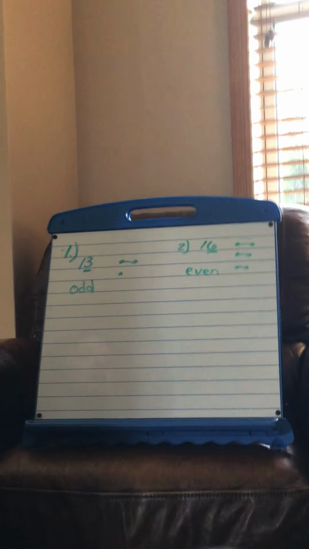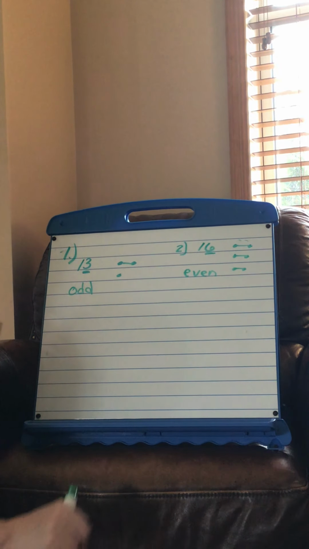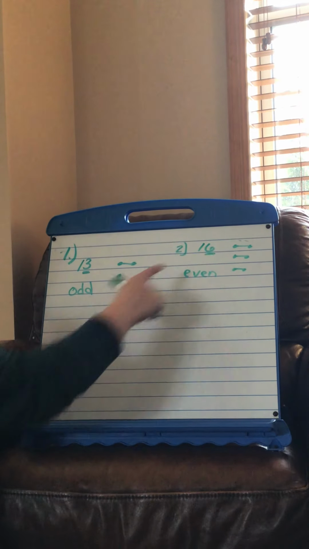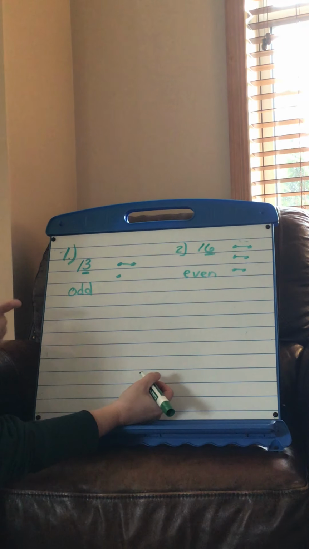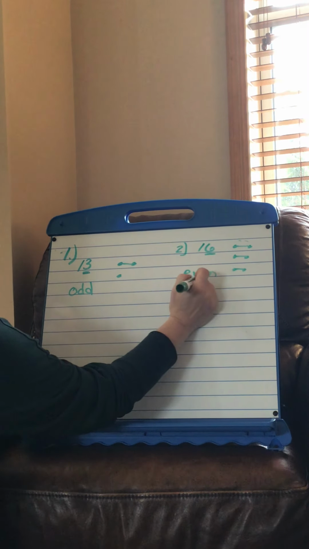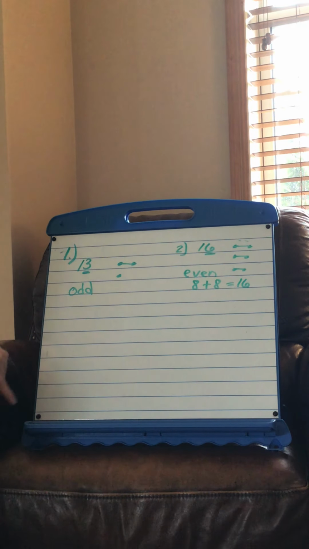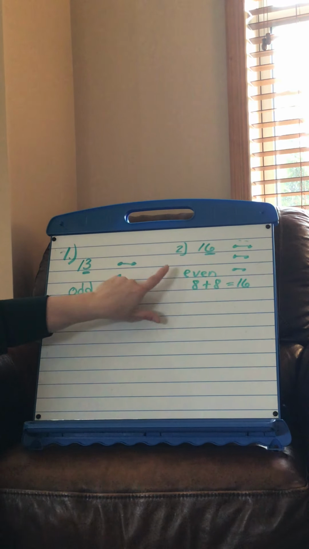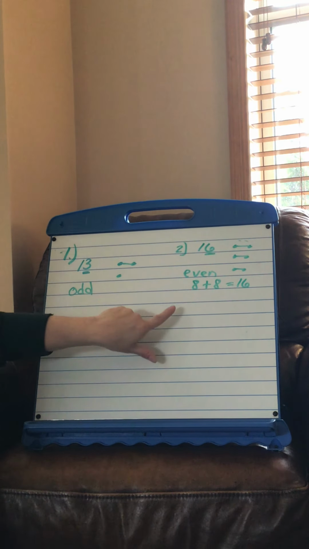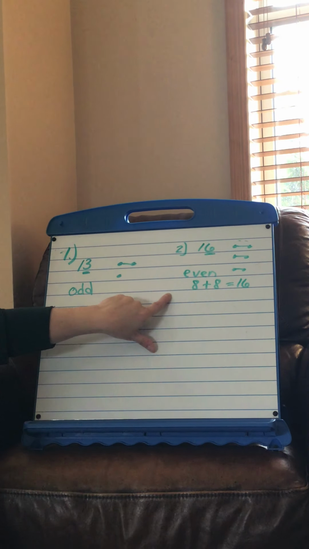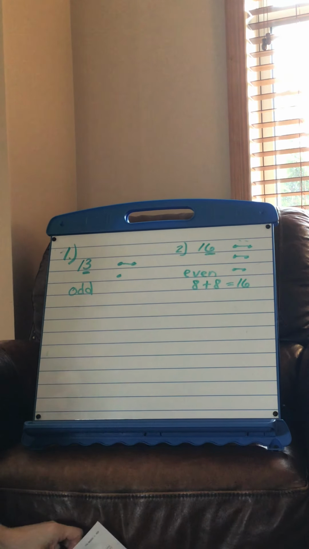That's basically saying what 2 numbers that are the same can be added together to get 16. So think of a double. So that would be 8 plus 8 equals 16. So for number 1, you would write just odd. Number 2, you'd write even. And then you'd write 8 plus 8 equals 16. Then turn the page.